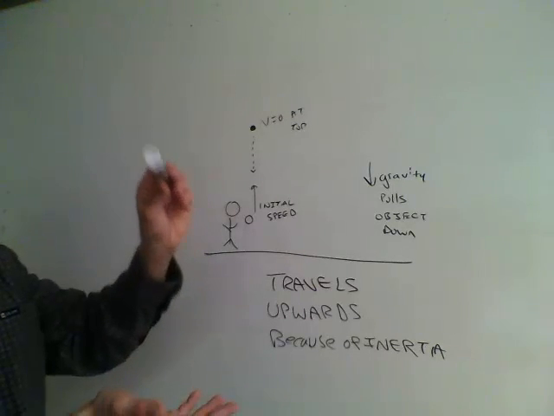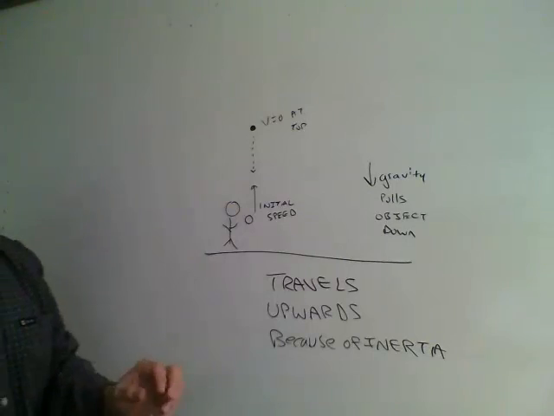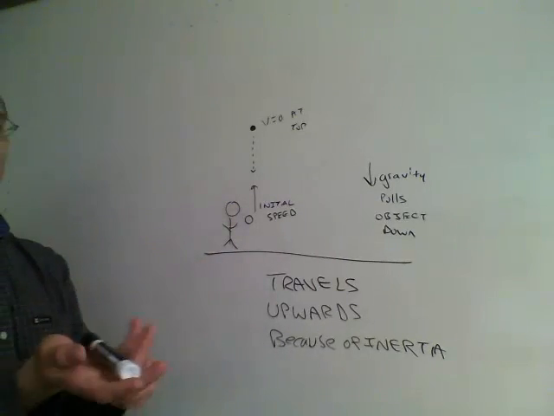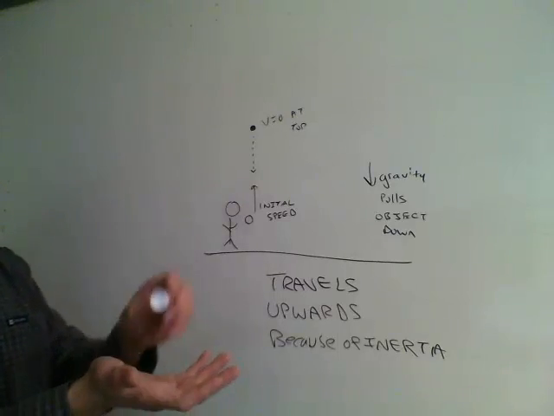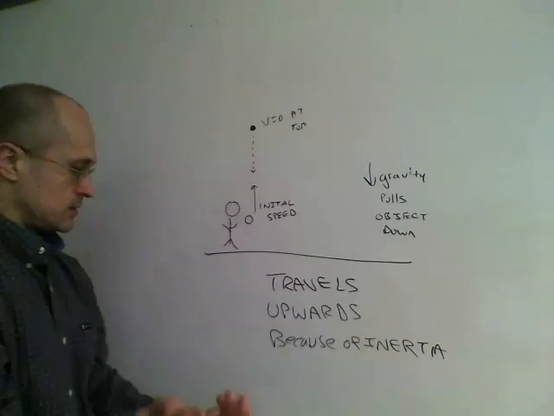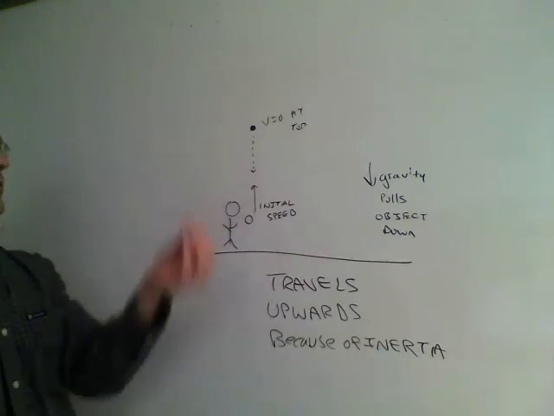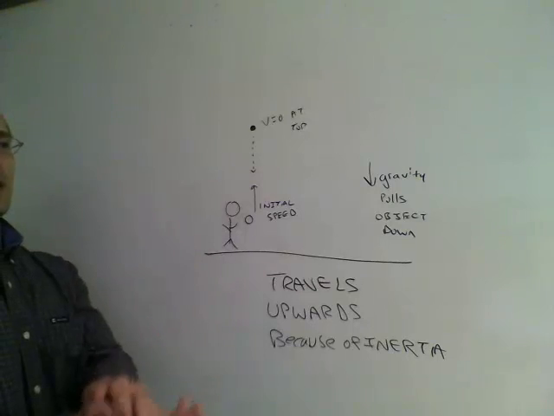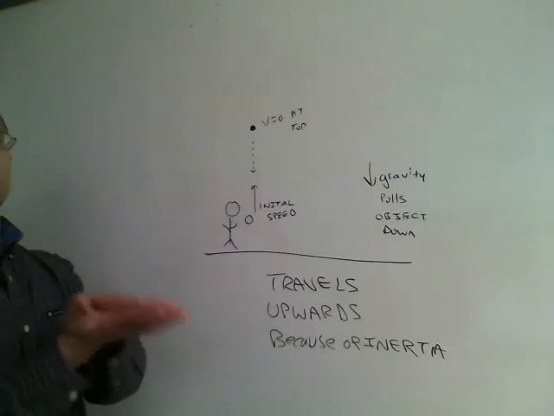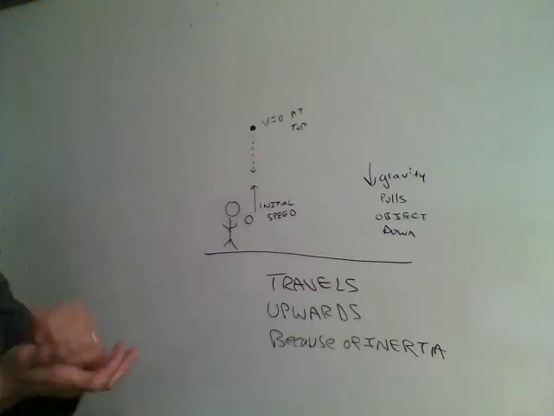Gravity at that point is the only force acting on it, and gravity is slowing it down, which is why the marker slows down and then comes back down, because gravity slowed it down and then is pulling it back towards the ground. But just remember that the reason the ball or object continues moving upwards after it leaves your hand is because of inertia, not because your hand is imparting some mystical force as it continues traveling upwards.